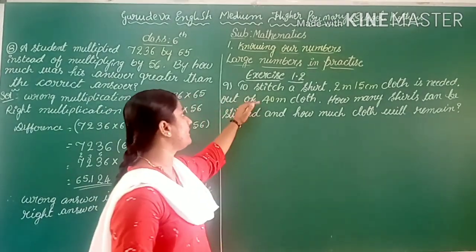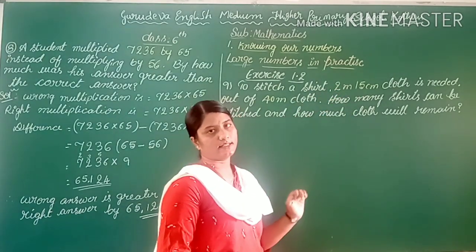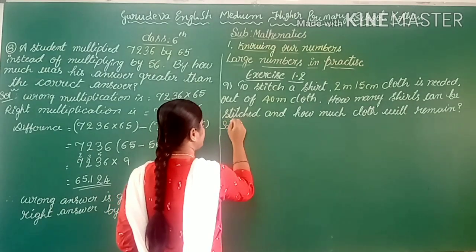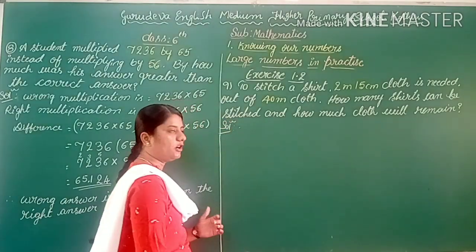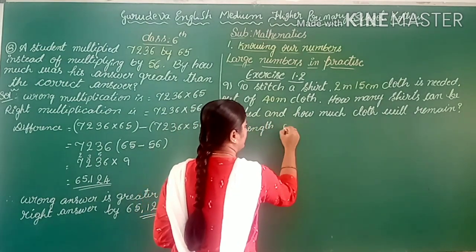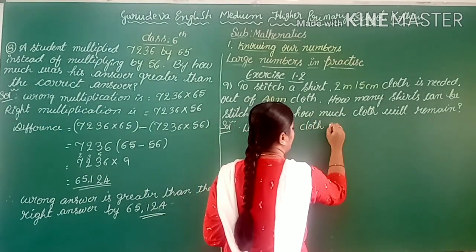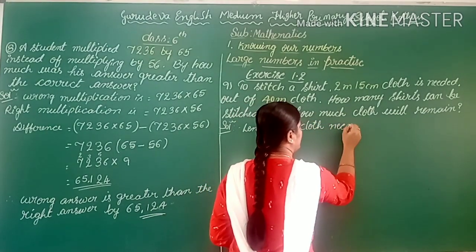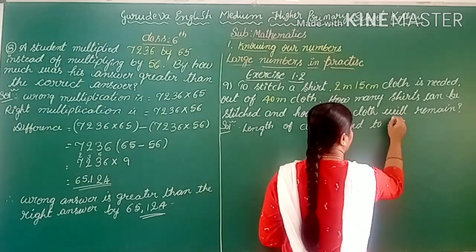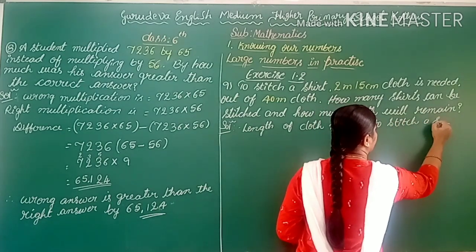First write down the given sentence. To stitch a shirt, we need 2 meter 15 centimeter. Solution. Length of cloth needed to stitch a shirt.